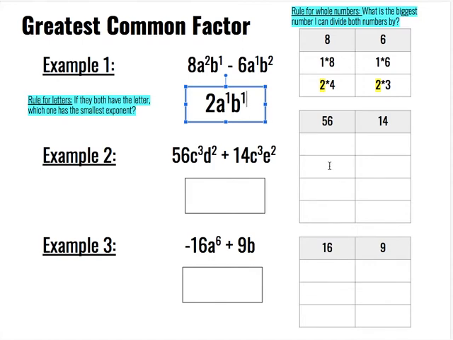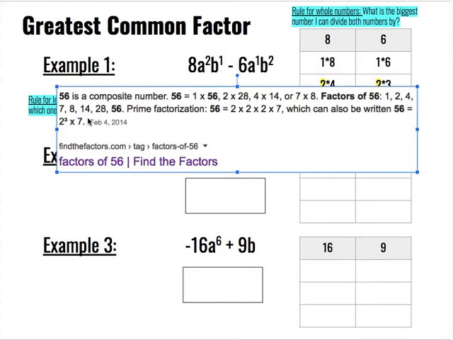So what you can always do right now that we're at home and have access to the internet is you can literally Google the question, what are the factors of 56? If you do that, this is like the first search.